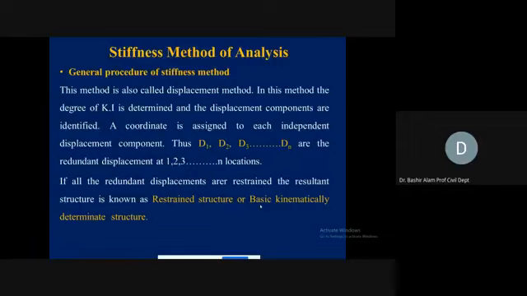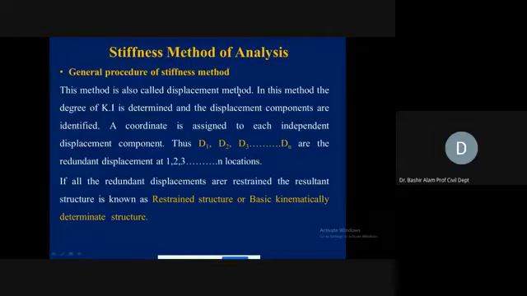Now, the general procedure I'll be discussing now. If you have this general procedure of the flexibility method in mind, you should not be facing any difficulty in understanding this process. This is just the reciprocal of what we did in the flexibility method. This method is also called the displacement method, and you know the reason why: because displacements are our unknowns.